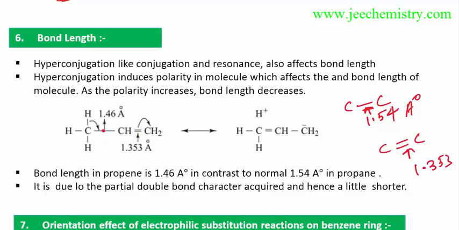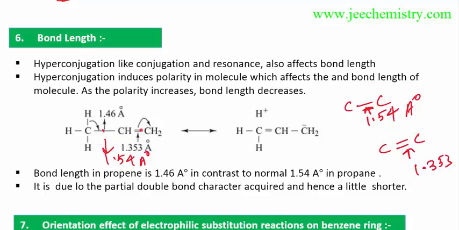This single bond should be length 1.54, but due to hyperconjugation it sometimes becomes a double bond, so the bond length distance decreases. This becomes 1.46, this becomes 1.46. Actually for a single bond 1.54 angstrom should be the length, but due to hyperconjugation it becomes partly double bond, so this bond becomes 1.46.